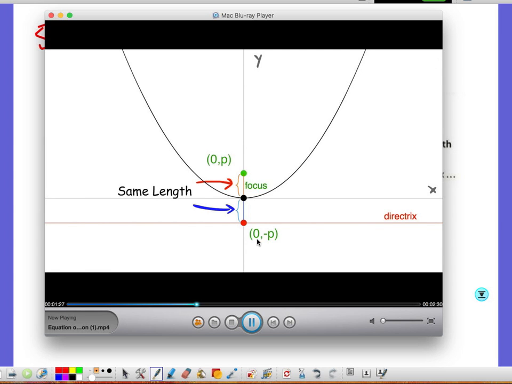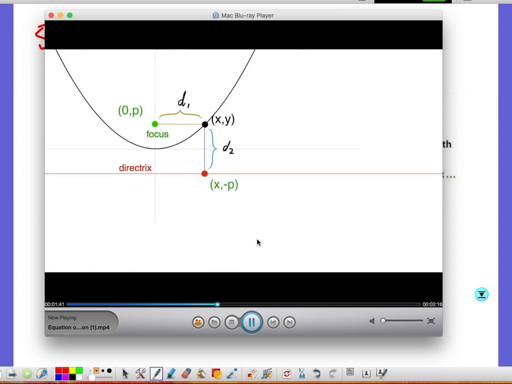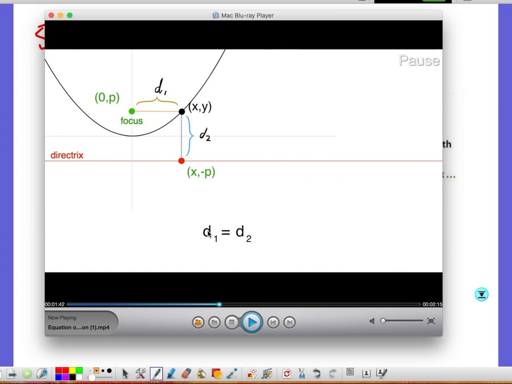And what we want to do is derive the equation of this curve right here. And that's where we have to use the distance formula. So remember, D1 and D2, these two lines always have the same length, so they're going to be equal to each other.